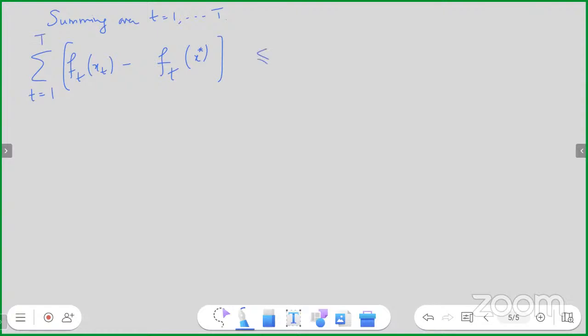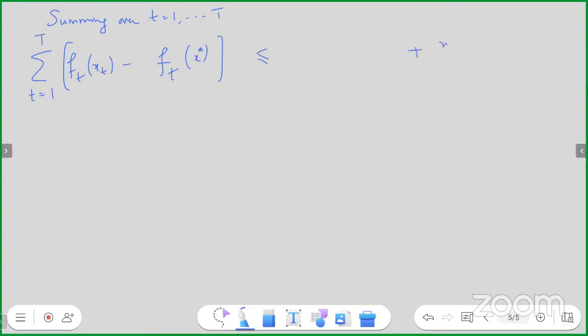So summing over t equal to 1 to capital T, you get ft of xt minus ft of x star summed over t, is at most equal to how much?